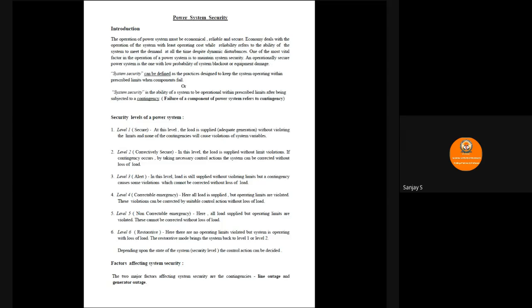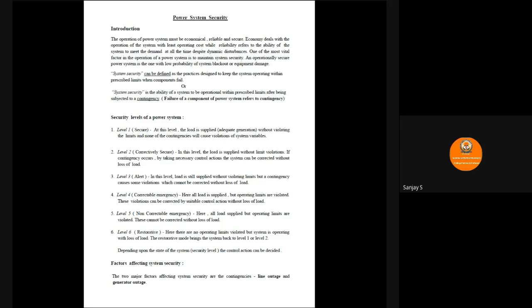Level 2 is the correctively secure state. In this case also, load is being supplied without limit violations. In case there is an equipment failure or contingency, by taking necessary control actions, the system can be corrected without loss of load. That is, without compromising any load, we can bring the system back into normal state.